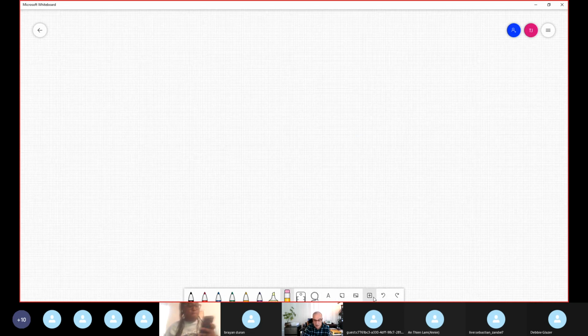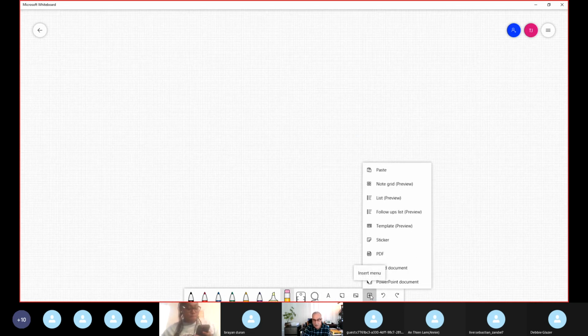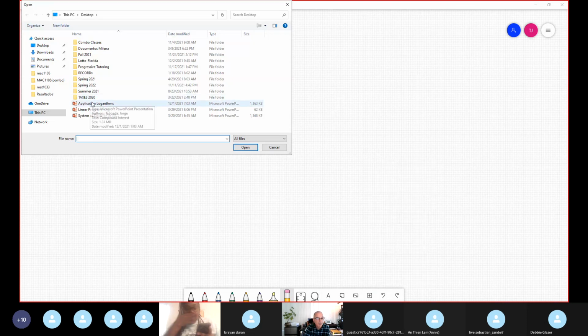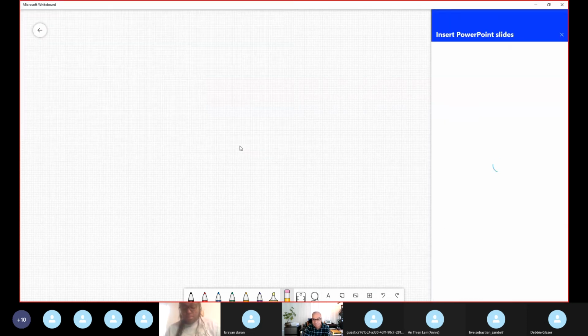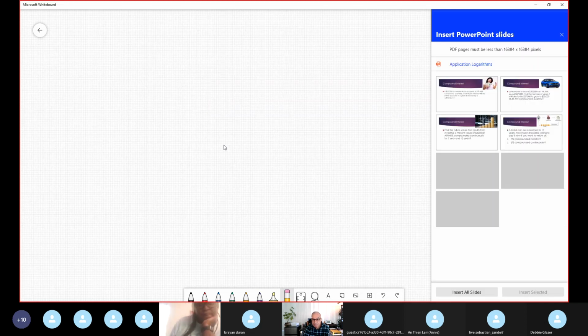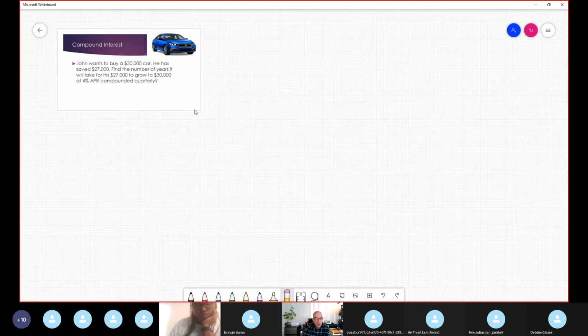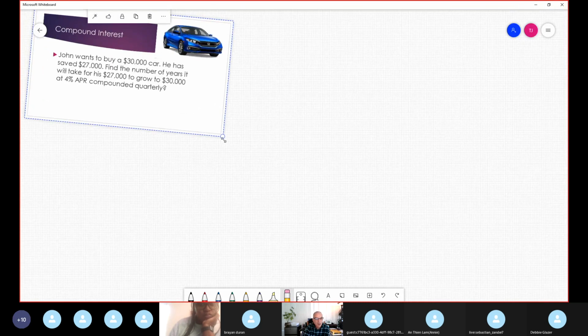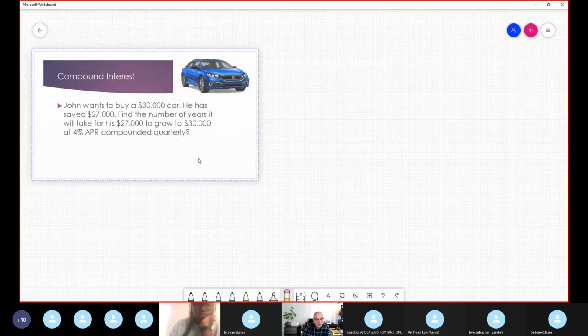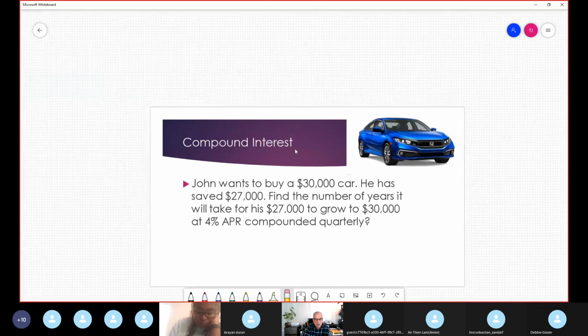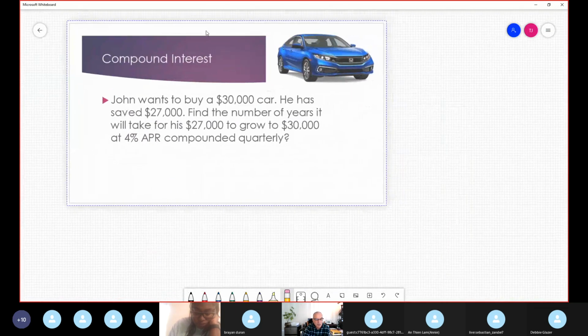Okay, let's download the new problem. This is the second problem. Look, this problem says compound interest again.